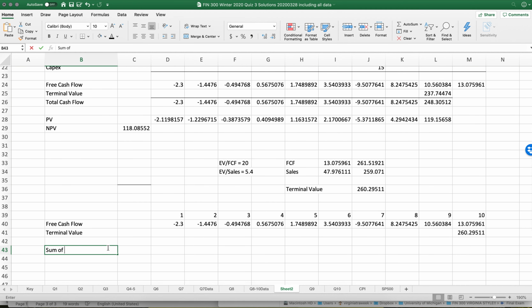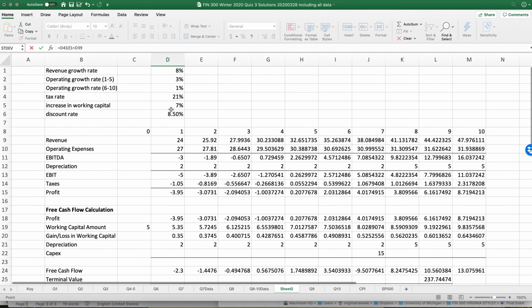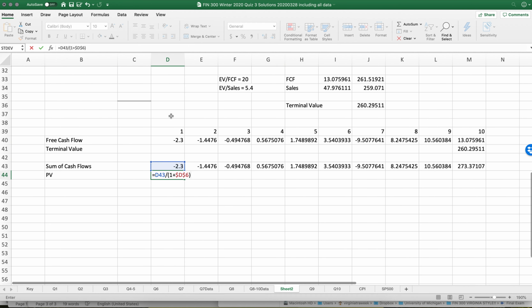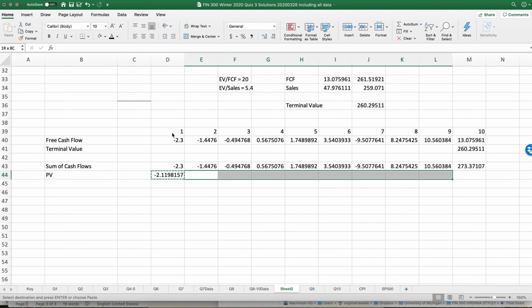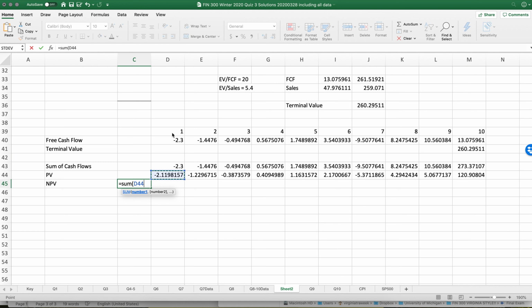So that means the sum of the cash flows, the PV of each of these cash flows is going to be that divided by 1 plus the discount rate, I'm sorry, is way up there, to the power of 1. The NPV is just going to be the sum of these.